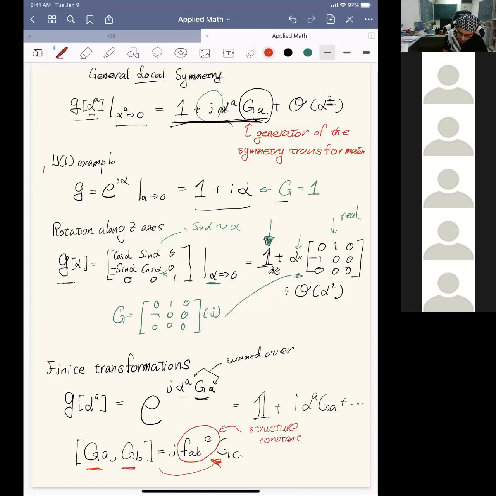Basically this is saying that you compute the commutator of GA and GB, and whatever the result is, you can re-expand it as linear combinations of the generators themselves.